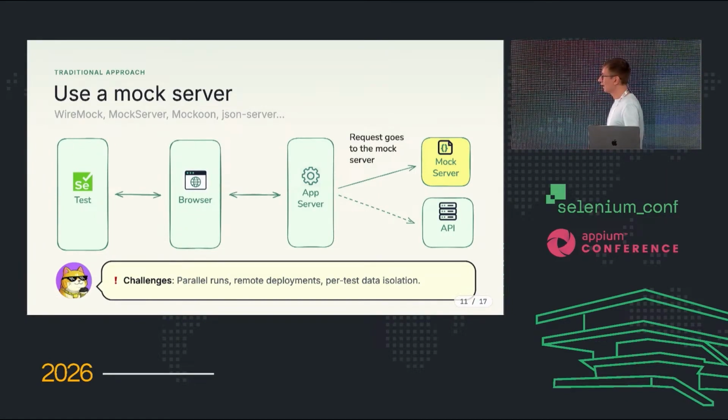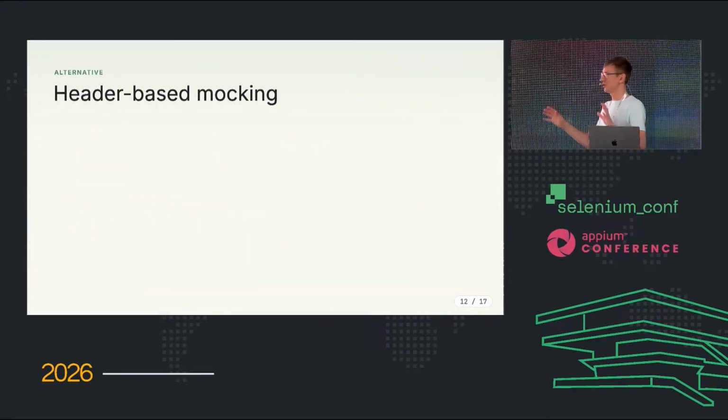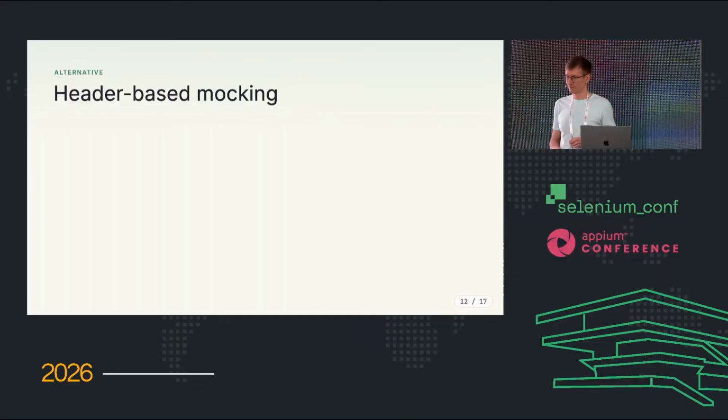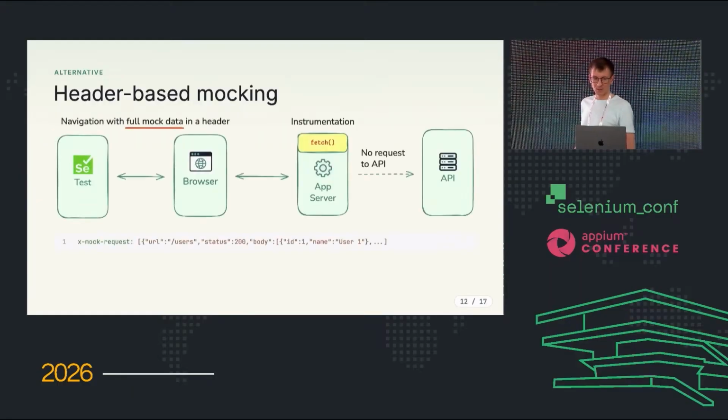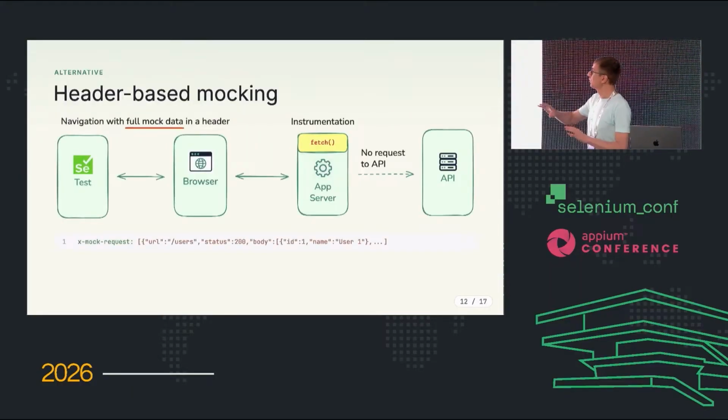So I want to share an alternative approach. It's not absolutely new, but it's based on some existing approaches. And this idea came to my mind maybe some 6 months ago, and now in my company we're using it. So the idea is following. Instead, we can put the whole mock data with the JSON, whatever, into an HTTP header and pass this header along with the navigation request to the browser.